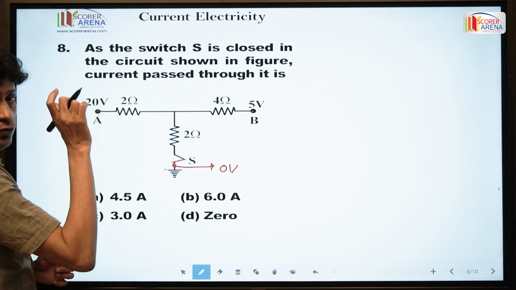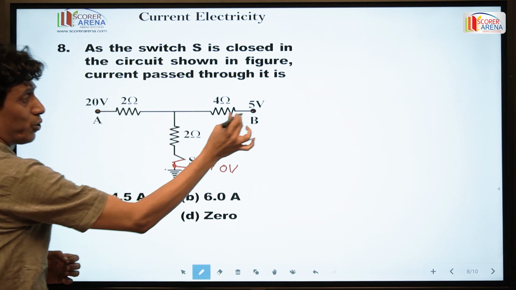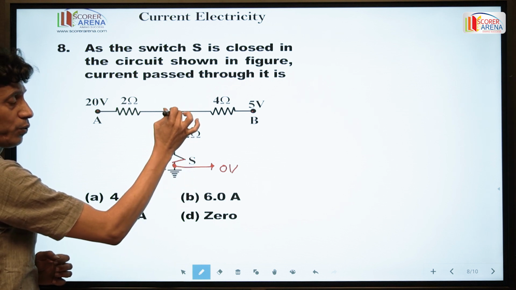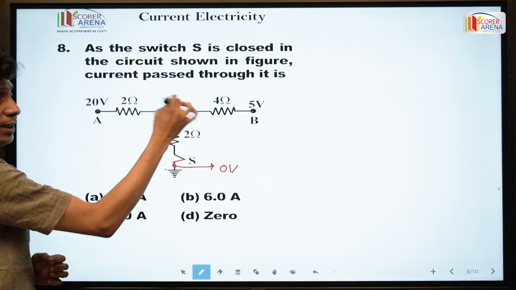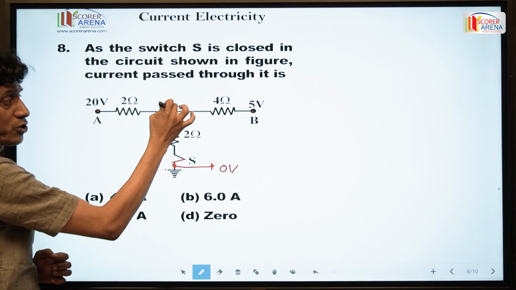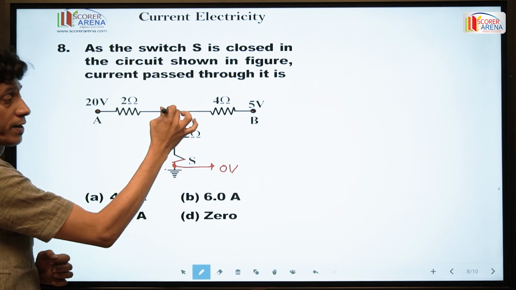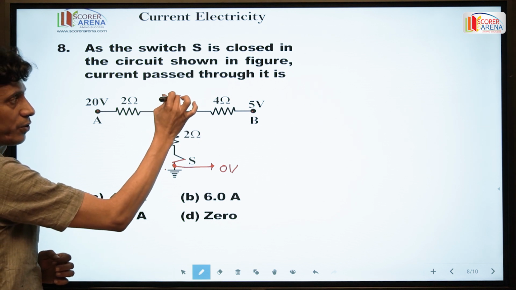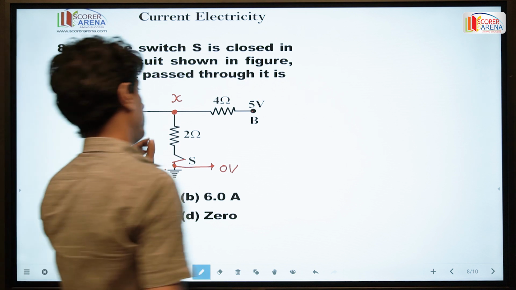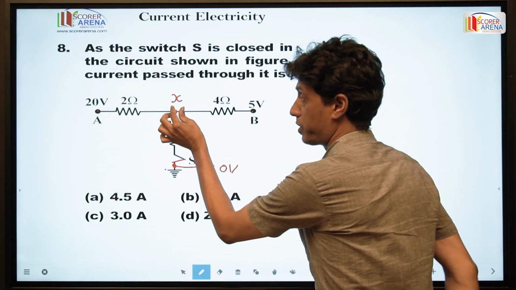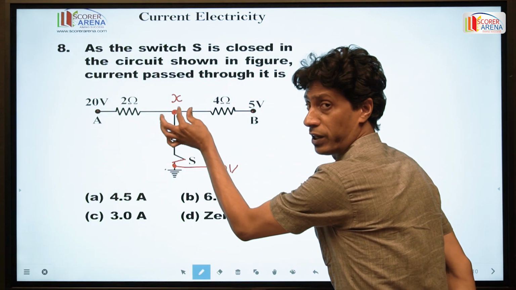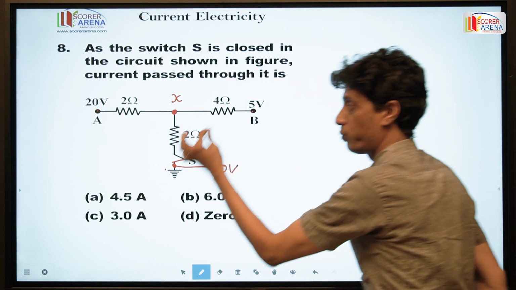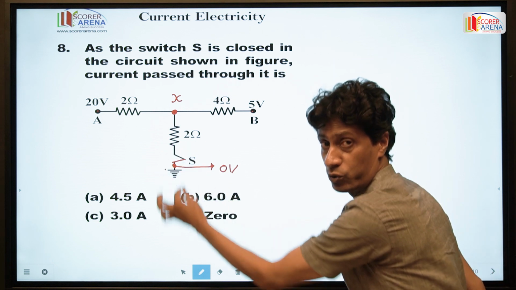So here one node is A, the other node is B, and the other node is ground, and here the junction of the circuit, the potential of this node is unknown to us. If we take the potential of the node as x, this is the node of unknown potential. Potential of this node is 20 volt, of this node is 5 volt, of this node is 0 volt since it is connected to ground.